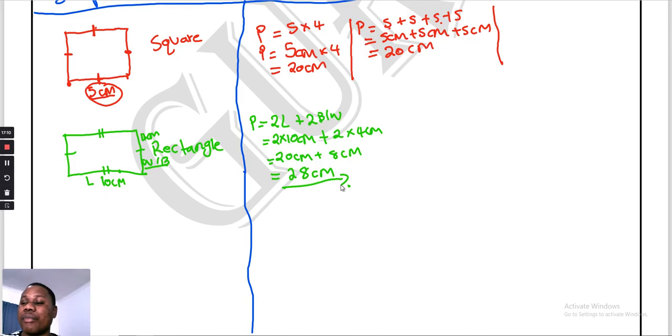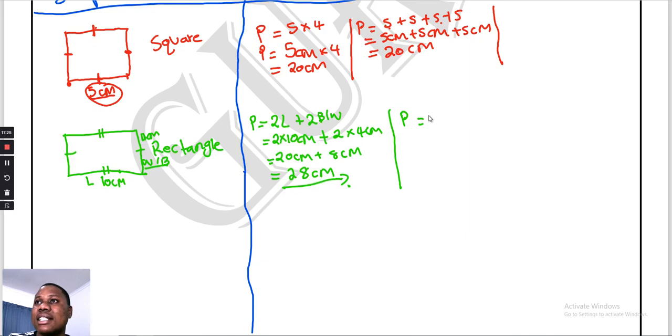Someone who sees that this is a rectangle can also do it this way, because we check how many sides there are. There are 4 sides.